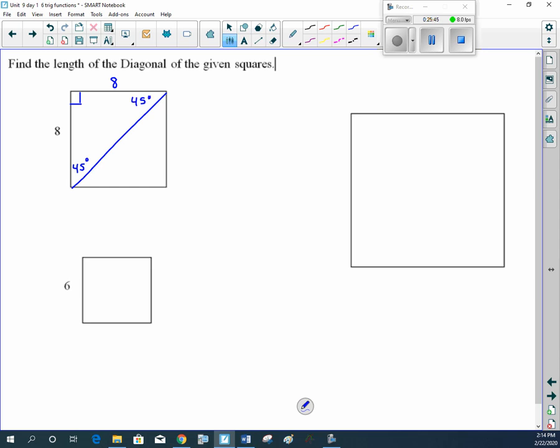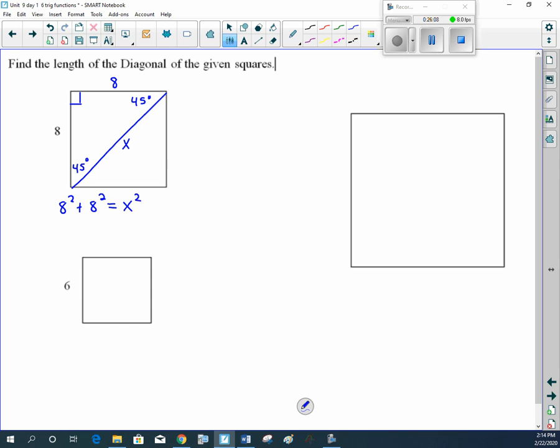Well, if I were going to figure out what the diagonal is, I'm pretty sure I'd just go ahead and use the Pythagorean theorem, since it is a right triangle, and we're missing the hypotenuse. So let's go ahead and do the Pythagorean theorem. So I'm trying to find the hypotenuse. So 8 squared plus 8 squared equals x squared.